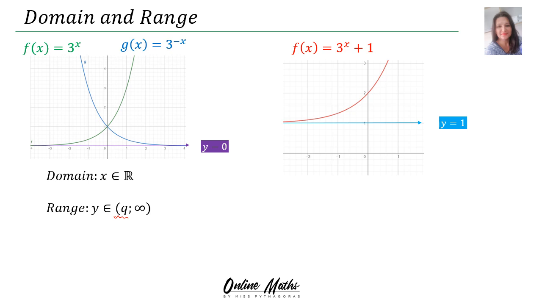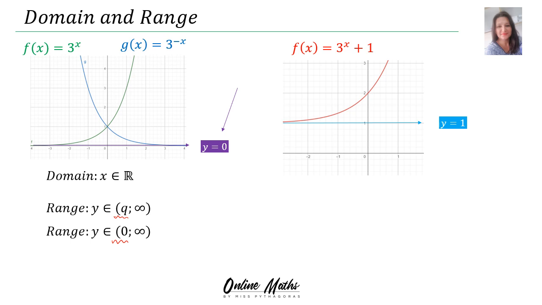And remember the asymptote here was the line y is equal to 0. Therefore, the range is y is an element of 0 up to infinity. And remember, you cannot include the 0 because that's the asymptote. And the range, you always read it from the bottom upwards.